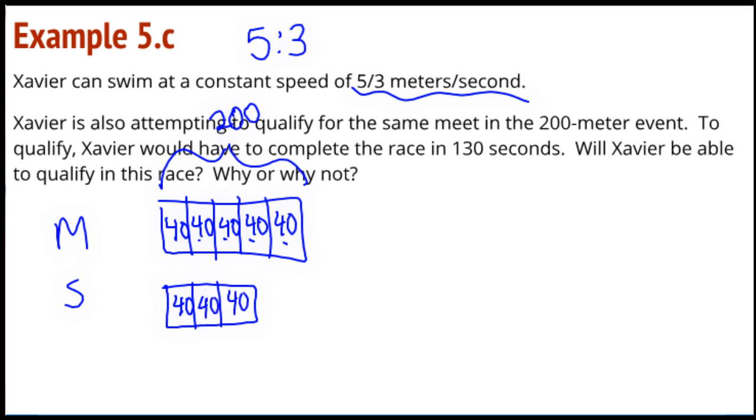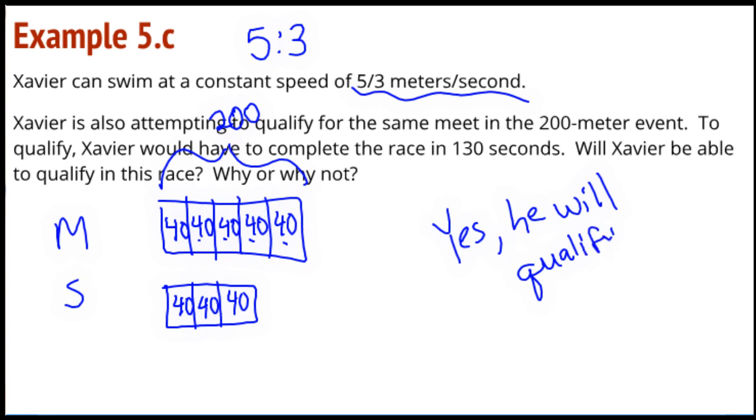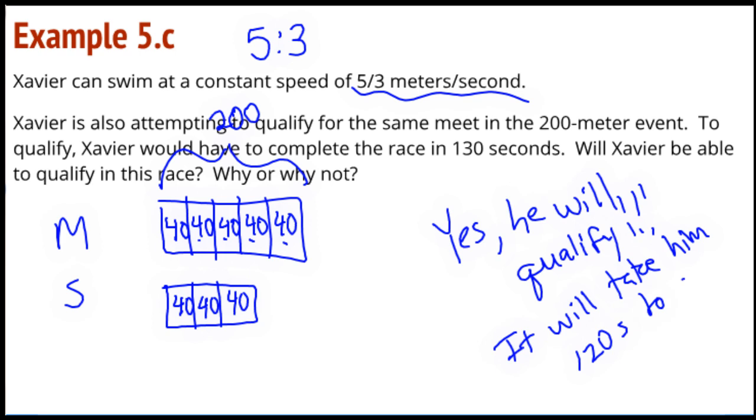And I see that it would take 120 seconds for Xavier to swim the 200 meters. So will he be able to qualify? Yes! He will qualify. It will take him 120 seconds to swim 200 meters.